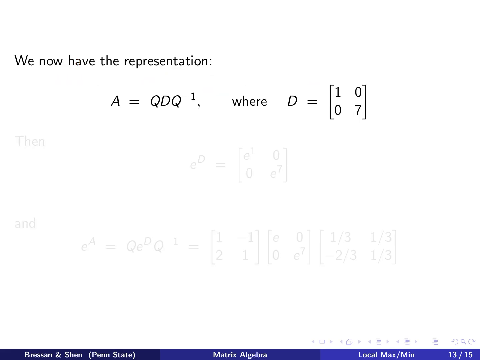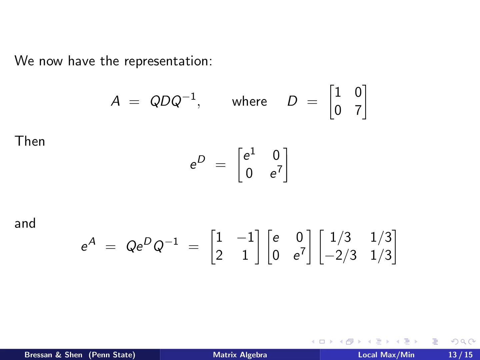All that work now enables you to represent the A matrix in the following way. A will be Q times D times Q inverse, where D is a diagonal matrix with lambda 1 and lambda 2. And then we know that the exponential of a diagonal matrix is just a diagonal matrix where the exponential is taken on the diagonal.